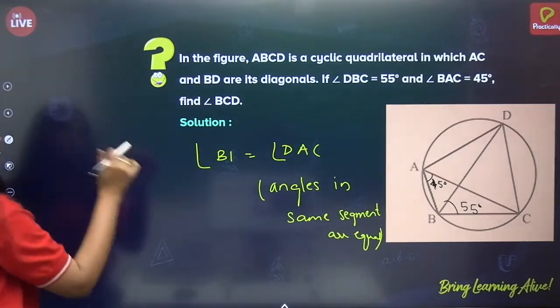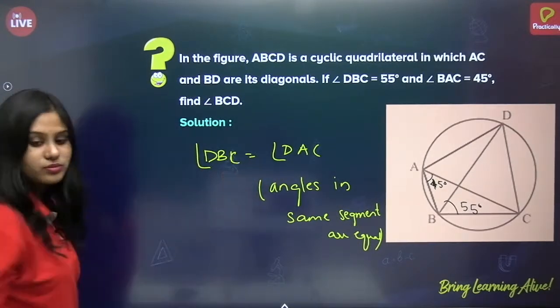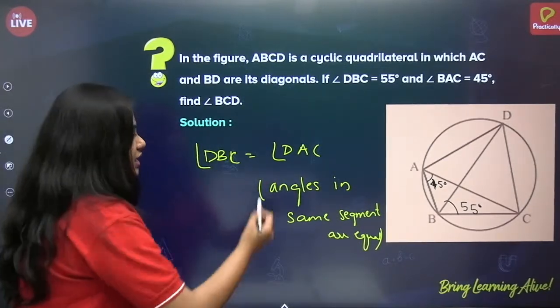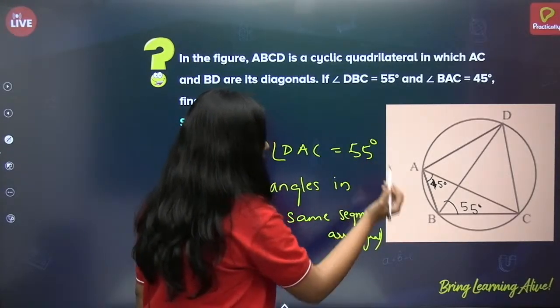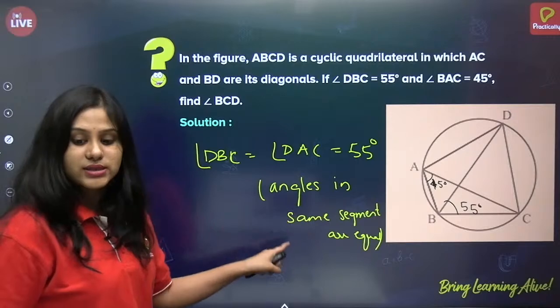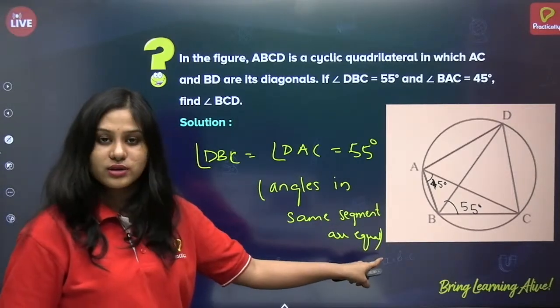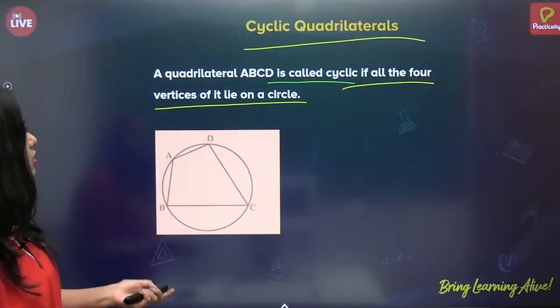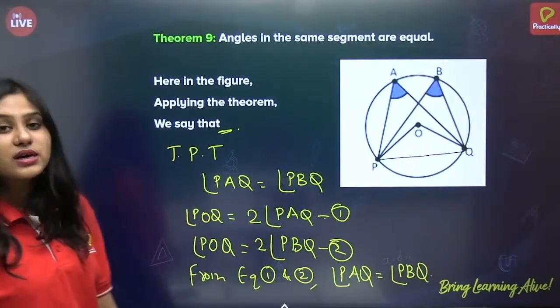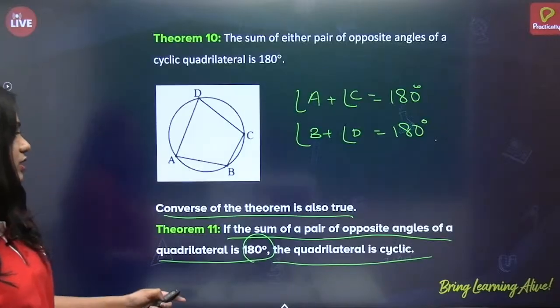So if this is 45 degrees, this will also be 55 degrees. Why? Angles in the same segment are equal. Correct? So using which theorem? This theorem: angles in the same segment are equal.